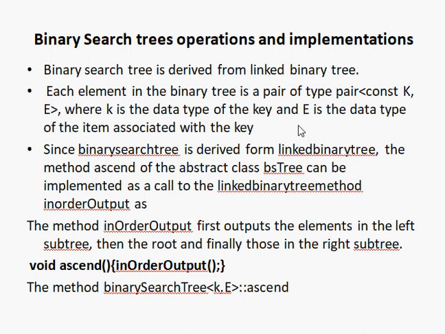If it is present, then since you are inserting a pair, which is meant for dictionaries, the previous value has to be updated using the recent value. Similarly, if you are deleting a node, first check whether that particular key exists in the binary search tree. If it is available, then you delete it.